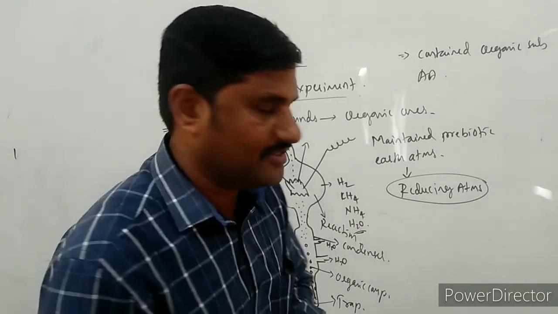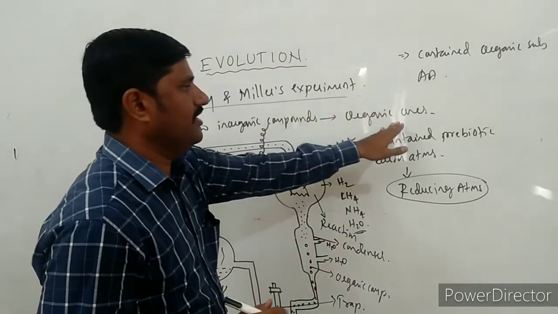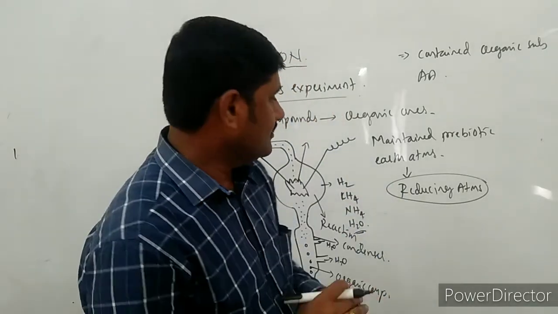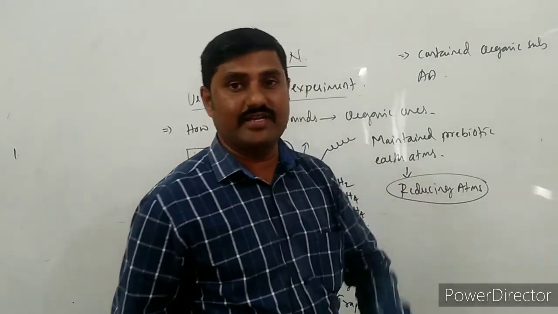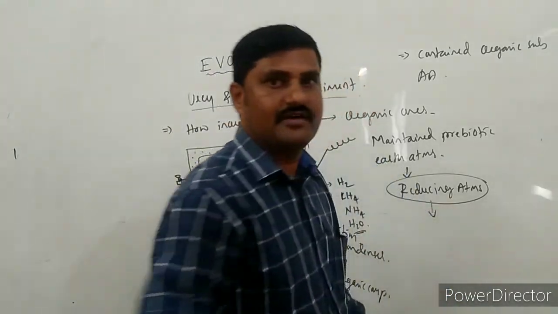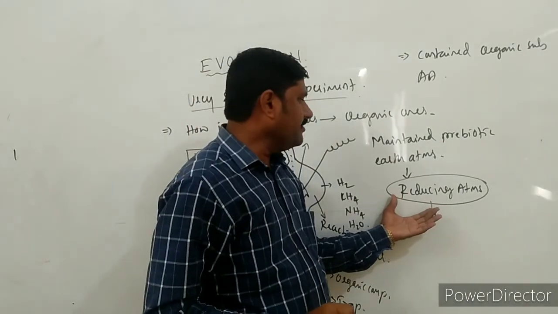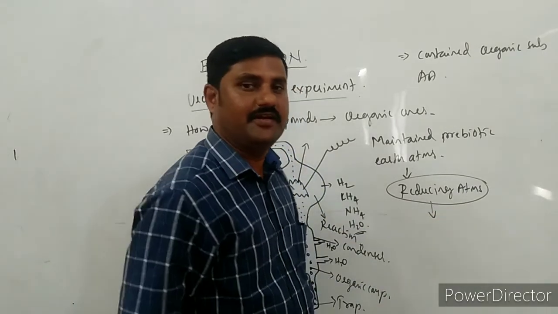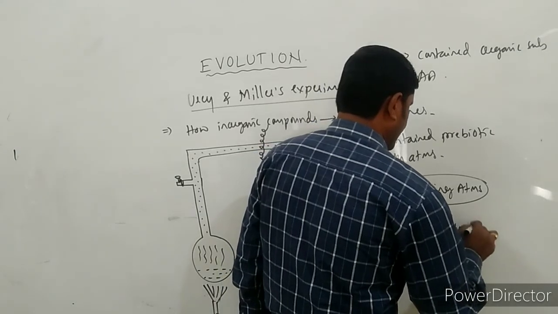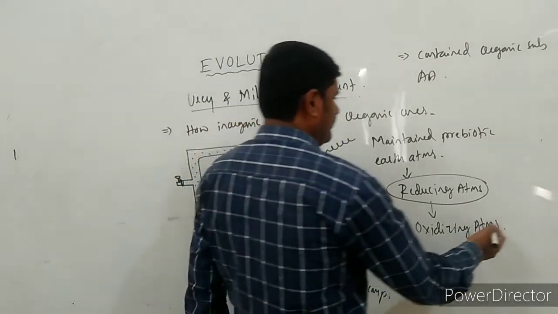They are the first scientists who proved that in the reducing atmosphere, inorganic compounds were converted into organic ones. Is that very clear? Gradually, whenever the autotrophs developed, this reducing atmosphere converted itself into an oxidizing atmosphere.